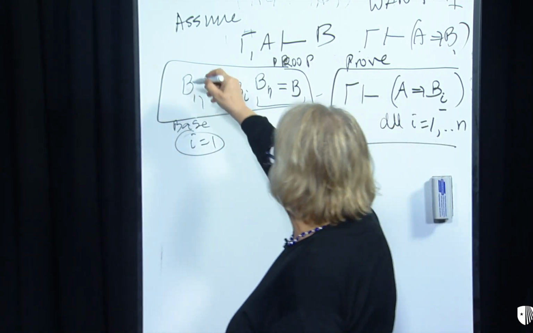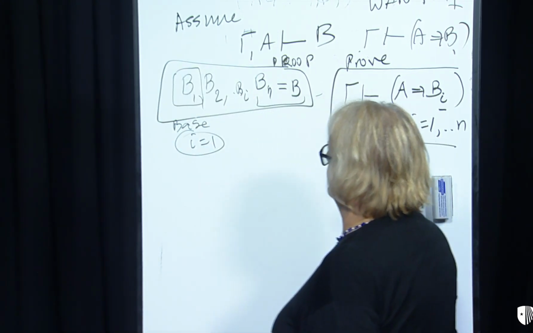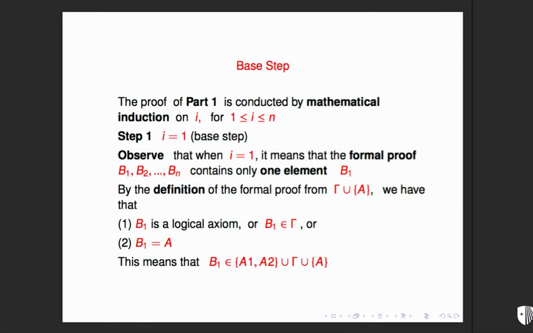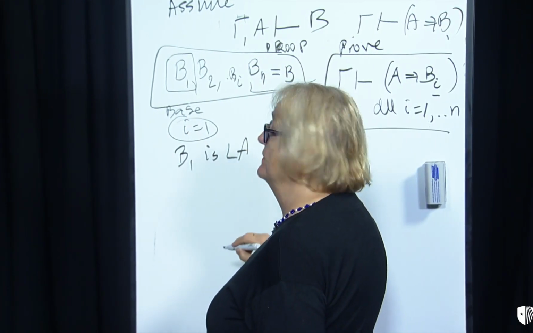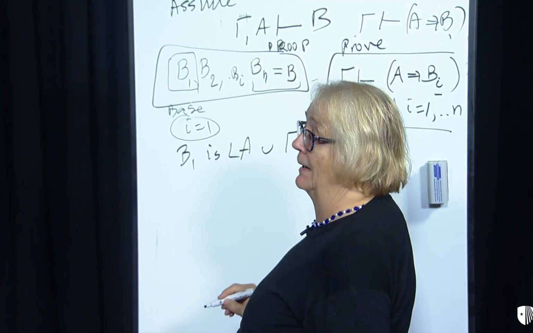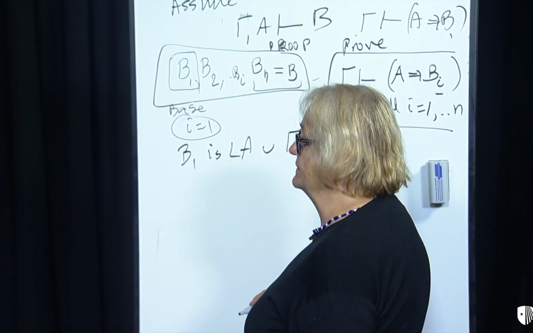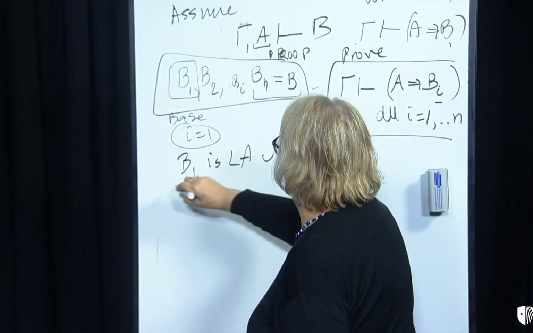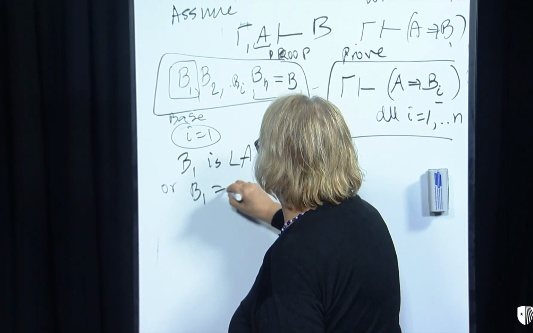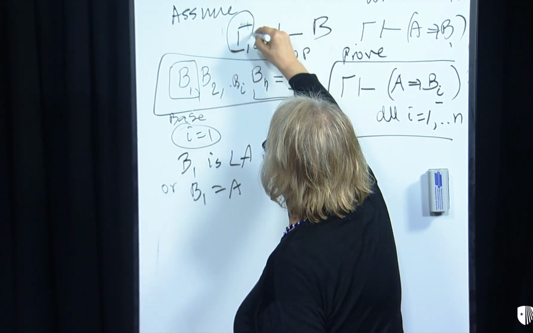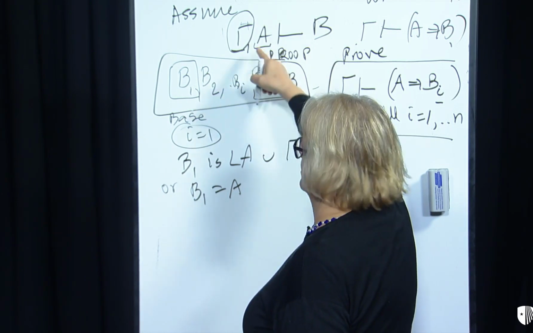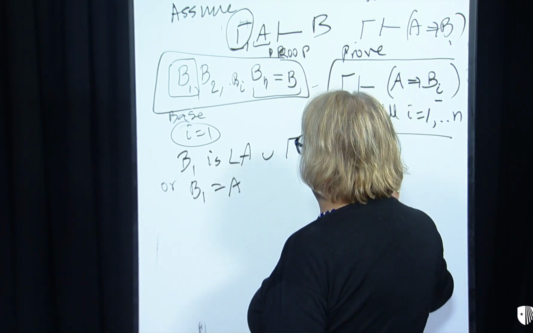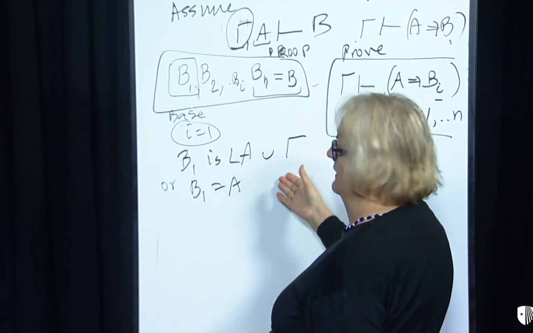When i equals 1, it means that B1 is a logical axiom, or is in gamma, or B1 is A. So this is our base case.